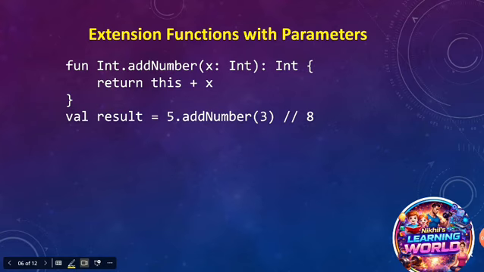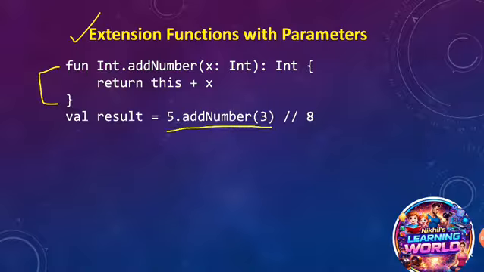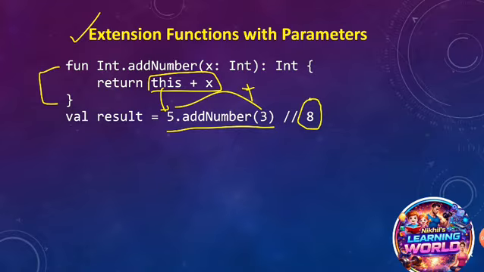In this example, you can see fun Int.addNumber(x: Int): Int, which returns this + x. Whatever x value is sent to that function as a parameter will be added, and it will return the result. So 5.addNumber(3): this refers to the 5, and the parameter 3 will be added to 5. The result will be 8.